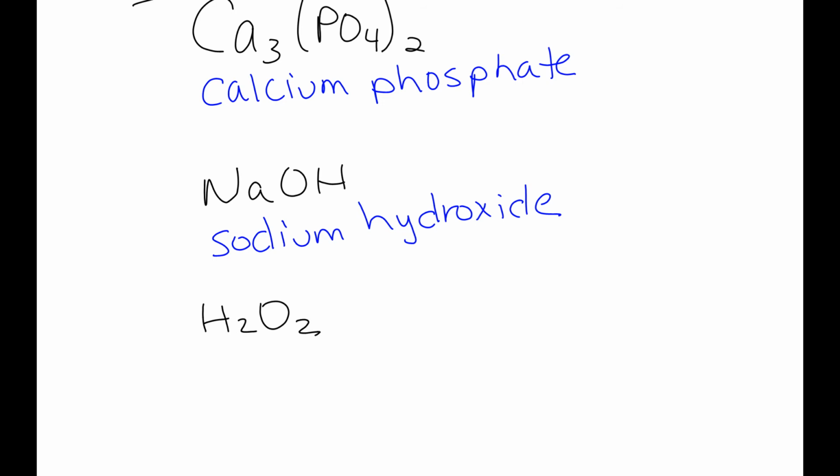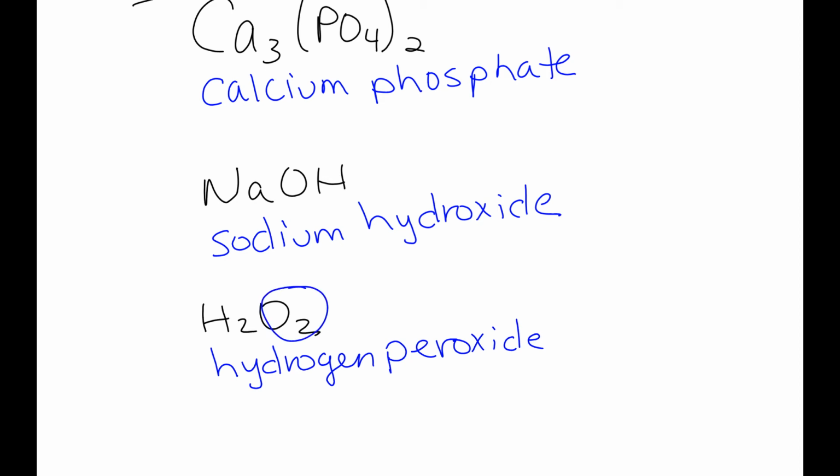And then we have hydrogen peroxide. Now I know it's not water because water is H2O. There's an H2O2, and the O2 here is peroxide, okay?